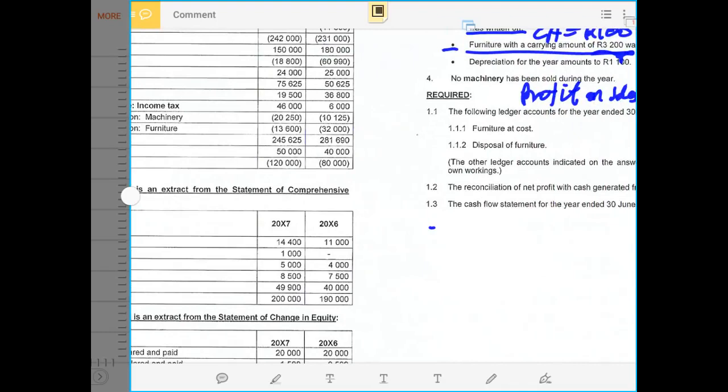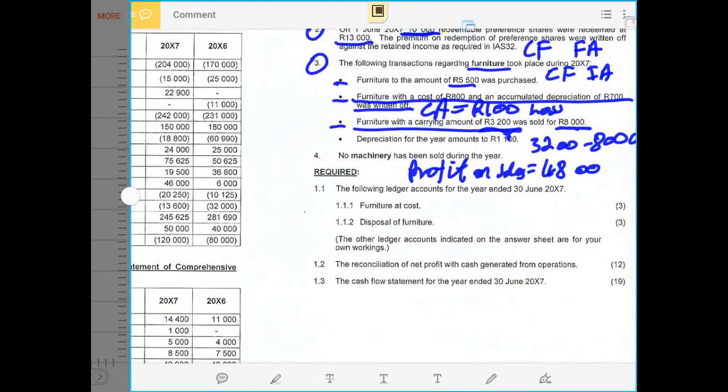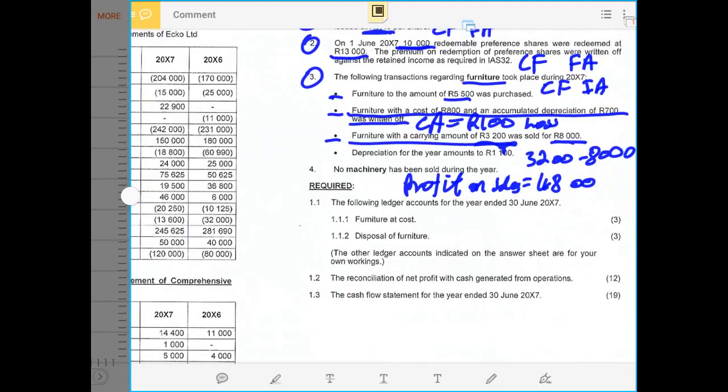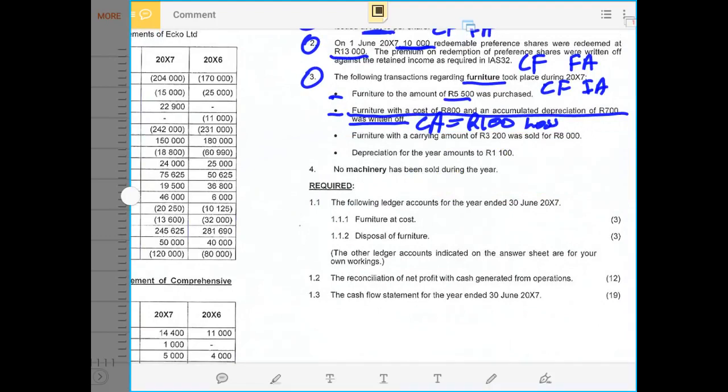However, it must still be removed because it is a non-cash item. Some income statements show such entries independently where you see the profit, but here we can see that a profit was made on the sale of this asset, which is furniture.